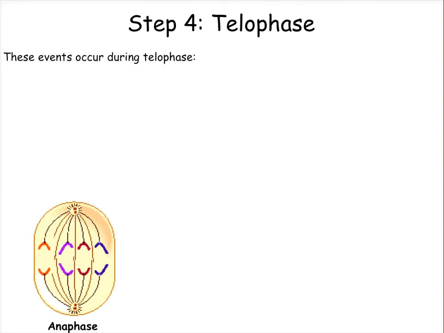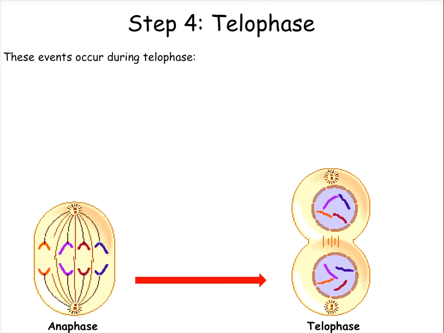Finally, anaphase transitions into telophase. During telophase, we finish mitosis. Now remember, mitosis is the process by which a cell nucleus is divided into two new nuclei. And so here, we should notice that we are indeed ending with two new nuclei. During telophase, the spindle fibers will disappear because we don't need them anymore.